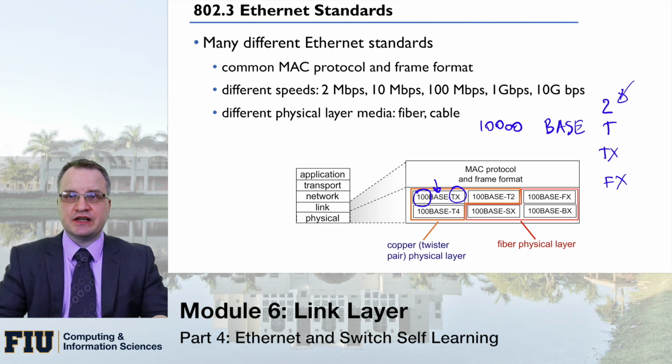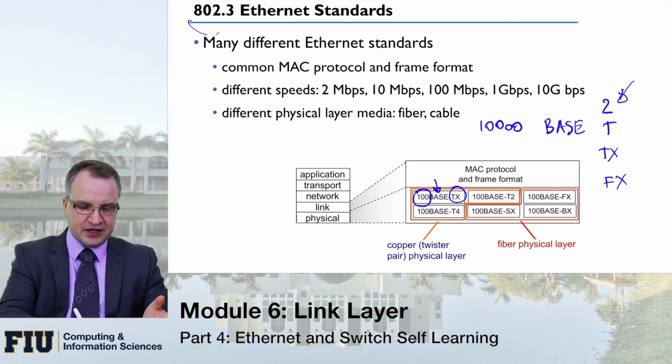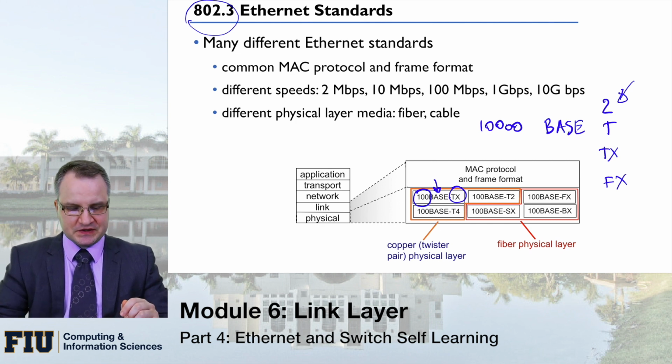And T is our standard twisted pair, the one that you're mostly familiar with. Fiber is a fiber optic cable. It's not traditional to run Ethernet on top of fiber optics, but it's technically possible, and there is a standard for that. So that's basically it for the standards. This is the number that represents the IEEE standard number.